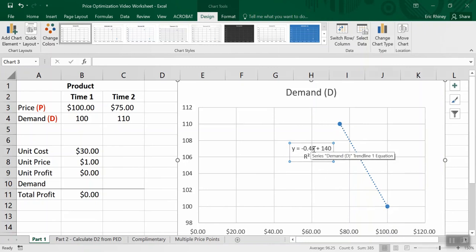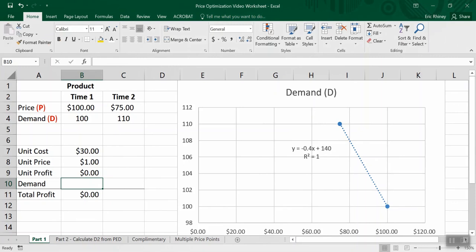This is the estimation of the relationship between these two points. We have our slope, we have our x, and we have our intercept of y. This is what we're going to actually put over here. So I'm going to type this in. We're going to say equals negative 0.4 times, now x is going to be whatever our price is. We don't want to use these prices up here.